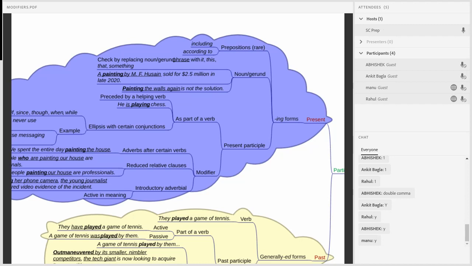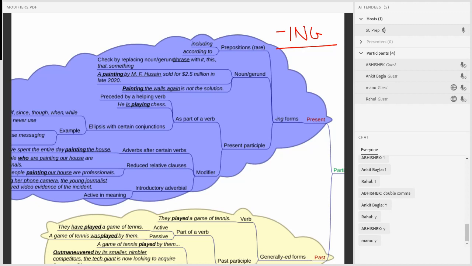Now, the first thing to know about the present participle is that it will always take the ing form. So let's put that down over here. ing, always. But when you see an ing, you cannot immediately say that you're looking at a present participle. An ing can be a lot of things.